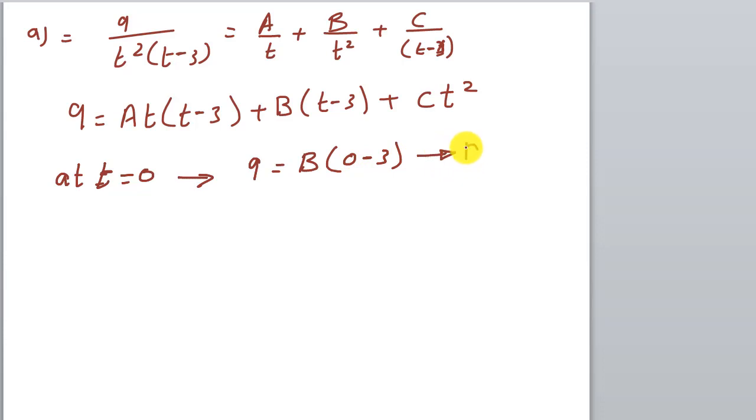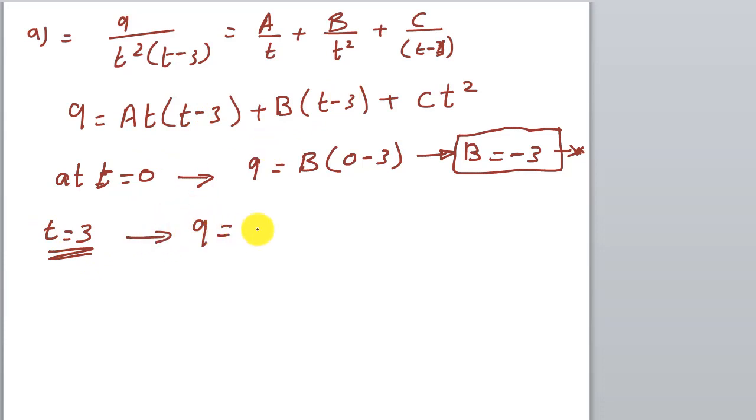So from here b equal to minus 3. Second one, let us put t equal to 3. So here will be 0, here will be 0. So 9 equal to c multiplied by 3 squared. So from here c is equal to 1.